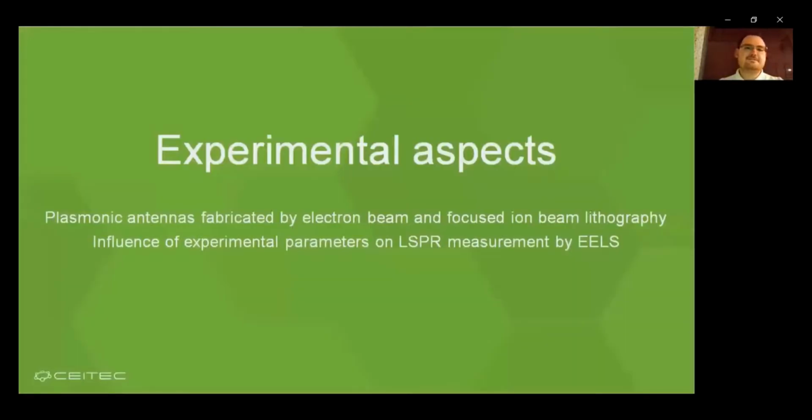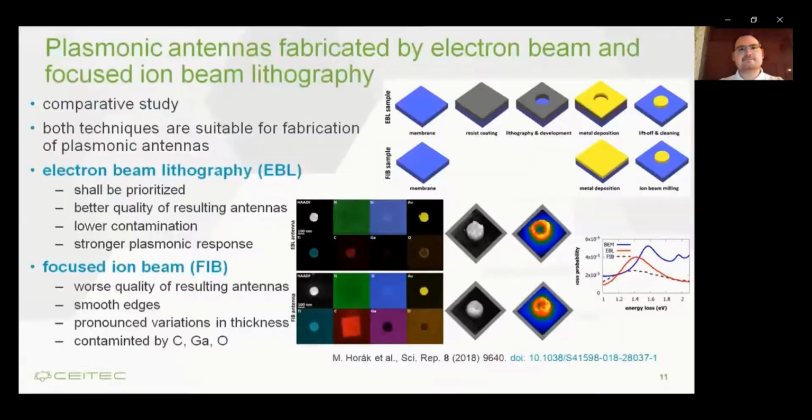Now let's move to the experimental aspects of our work. So first, we did a comparative study of plasmonic antennas fabricated by electron beam and focused ion beam lithography.